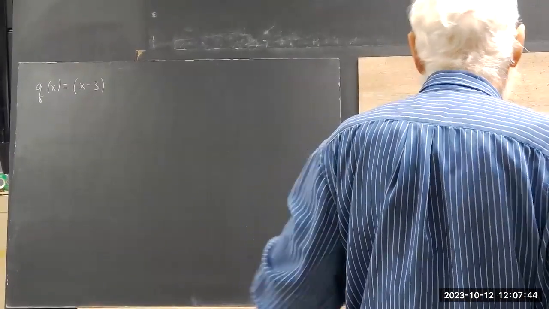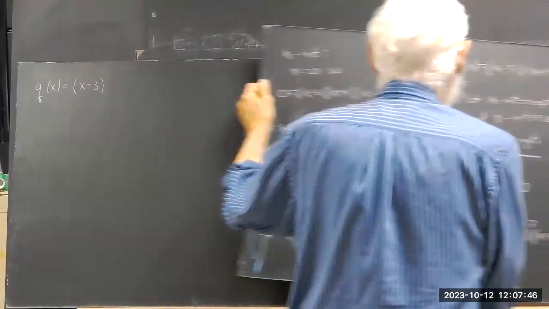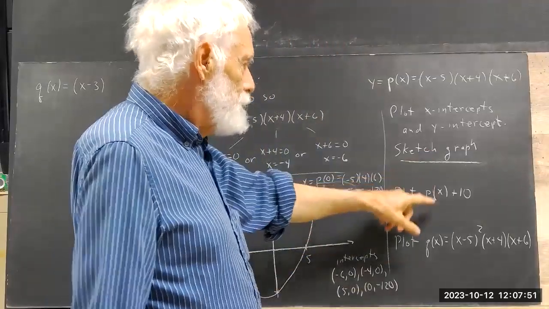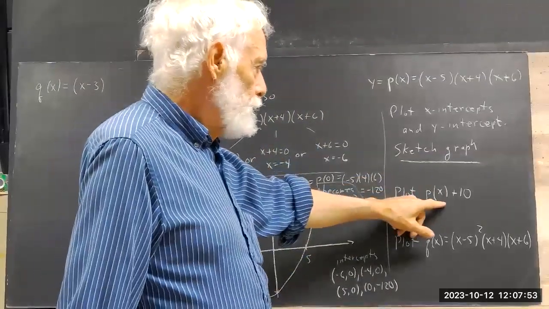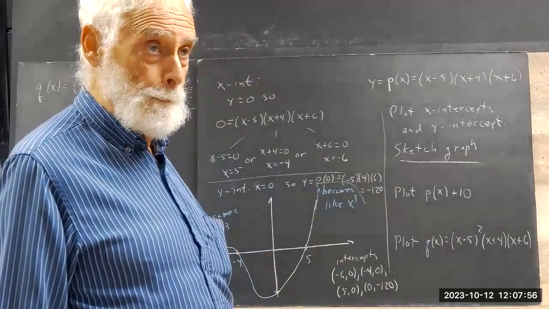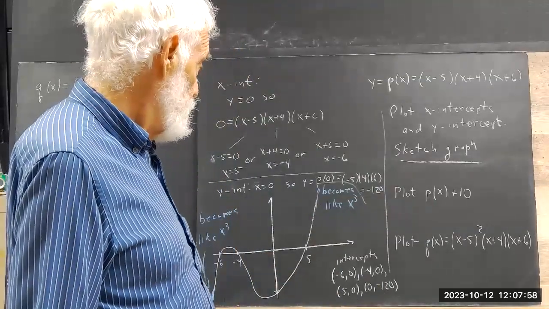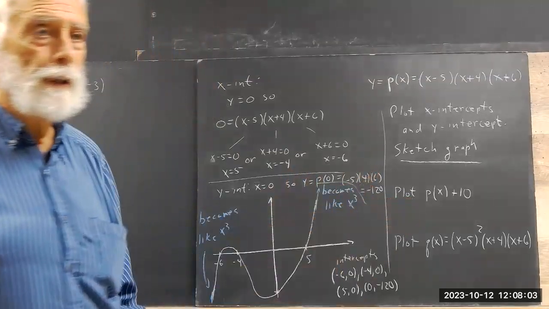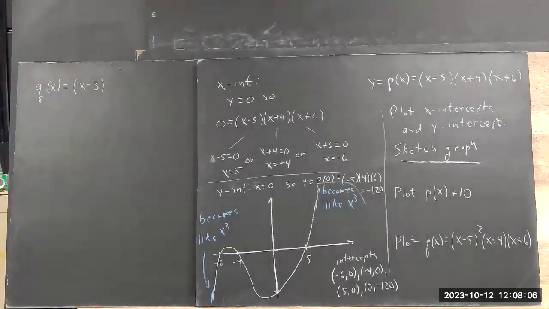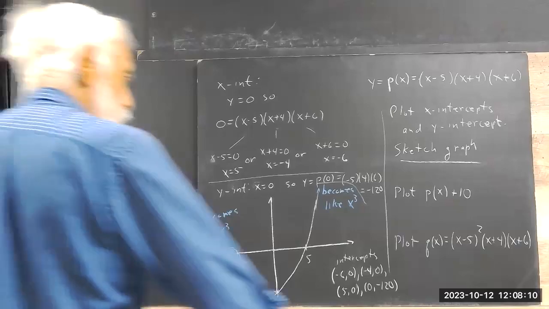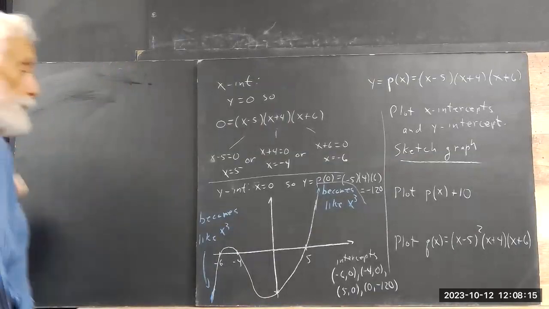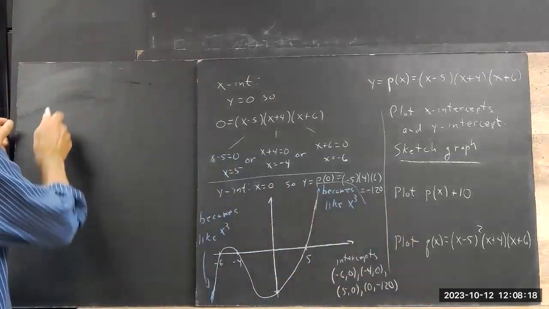No idea where it went. Okay, yeah, let's put this up here. Okay, we'll keep what we did in mind. Let's look at this. We want to plot P of X plus 10. Here's our plot of P of X. What's the plot of P of X plus 10 going to be like? I'm going to erase this Q of X here. I was going to put it someplace else. Let's come back to this. Okay.